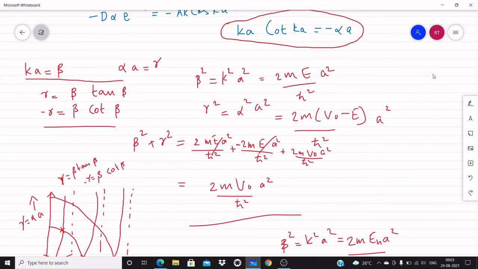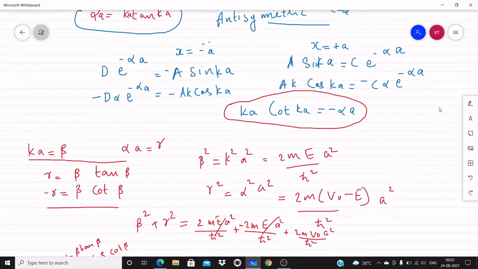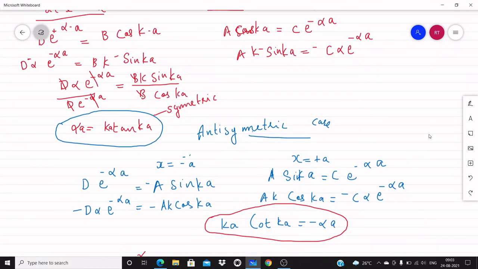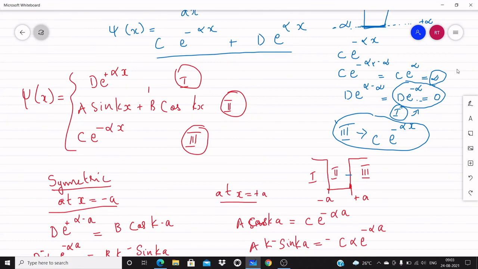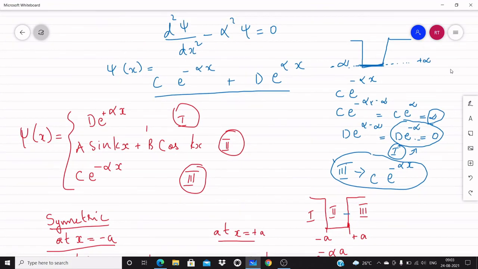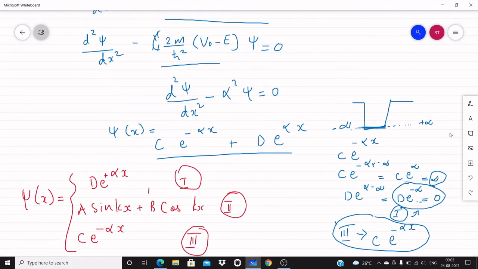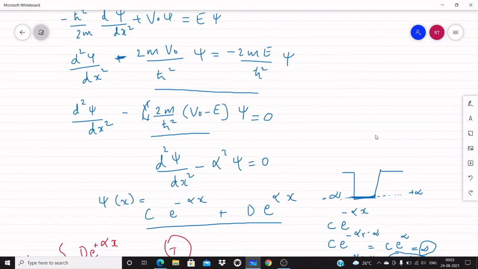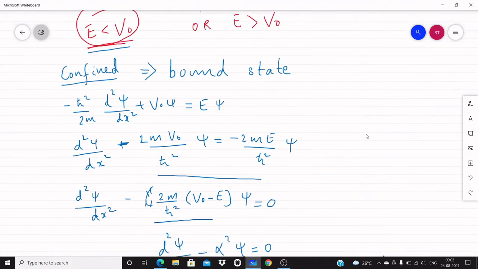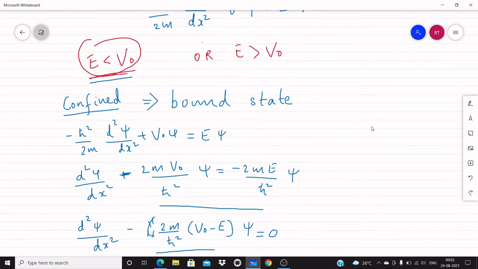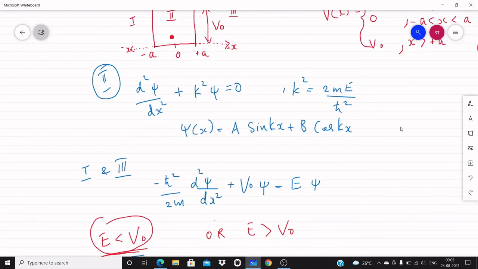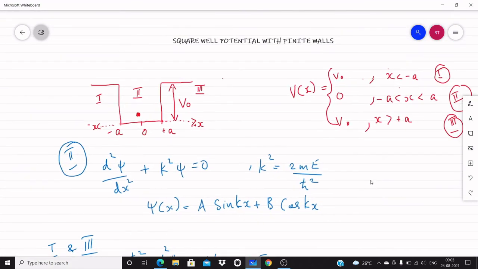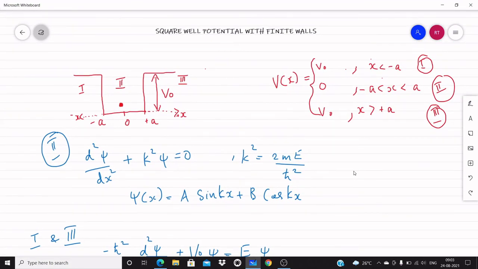I'll just give you a quick recap of what we have done. First of all, we have analyzed the situation by drawing the well.